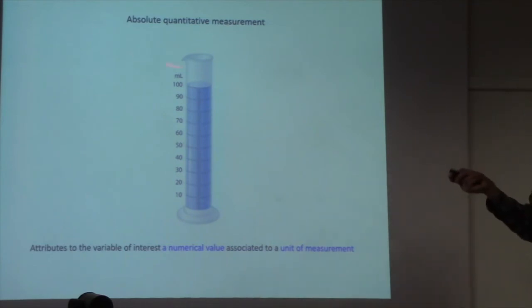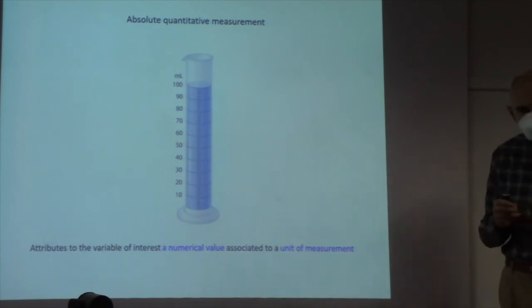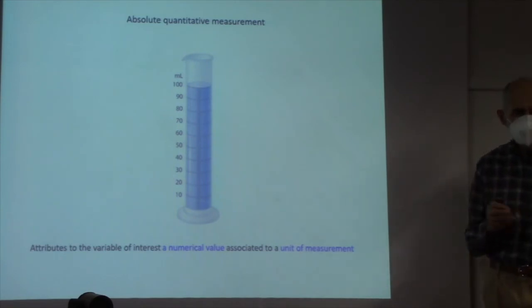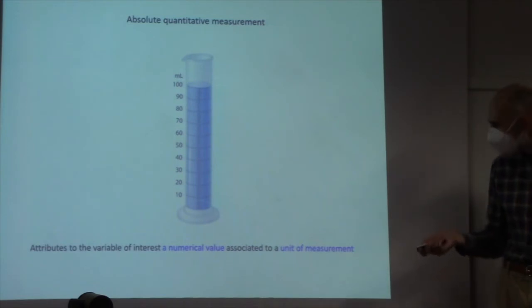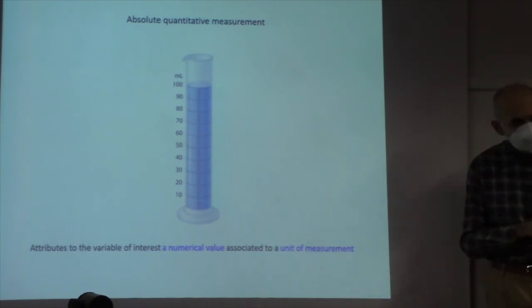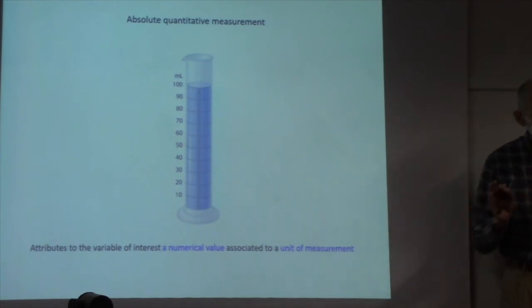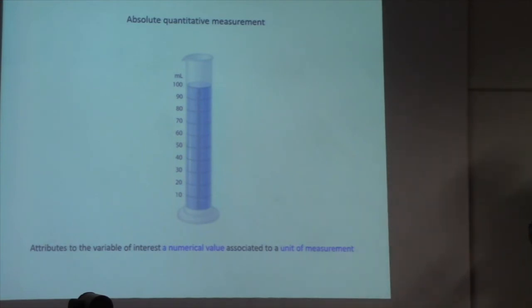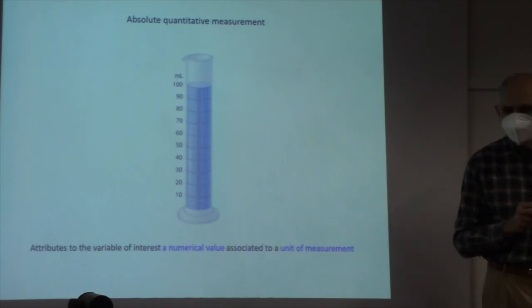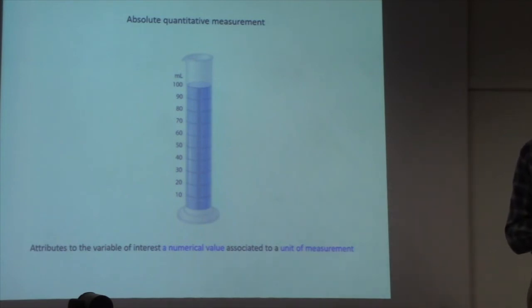With absolute quantitative measurements, instead, you have what the name says, absolute measurements, which is a number of units of measurement. All right. Now, this is something that confuses a bit, but I want to say it anyway, because it is conceptually, at least, relevant.